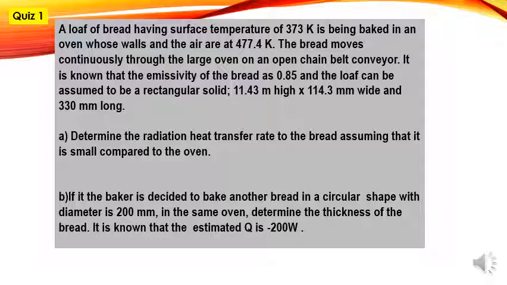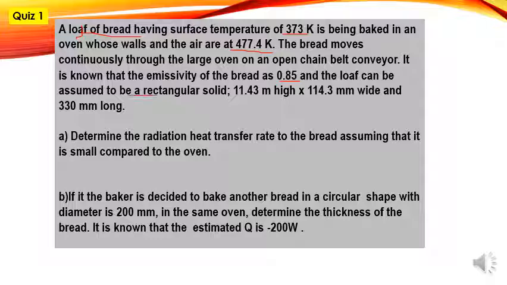Okay, let's try this quiz question. The quiz is divided into two parts, A and B. For part A, we will discuss together in this slide, but for part B, you have to do it on your own. Let's take a look at the question. There's a loaf of bread with a temperature of 373, and the temperature of the oven is 477, and the emissivity is 0.85.